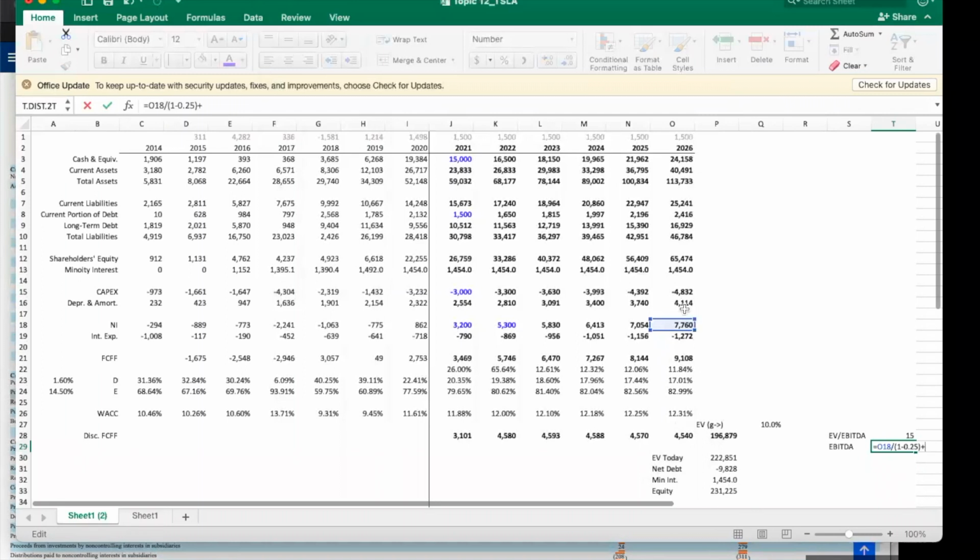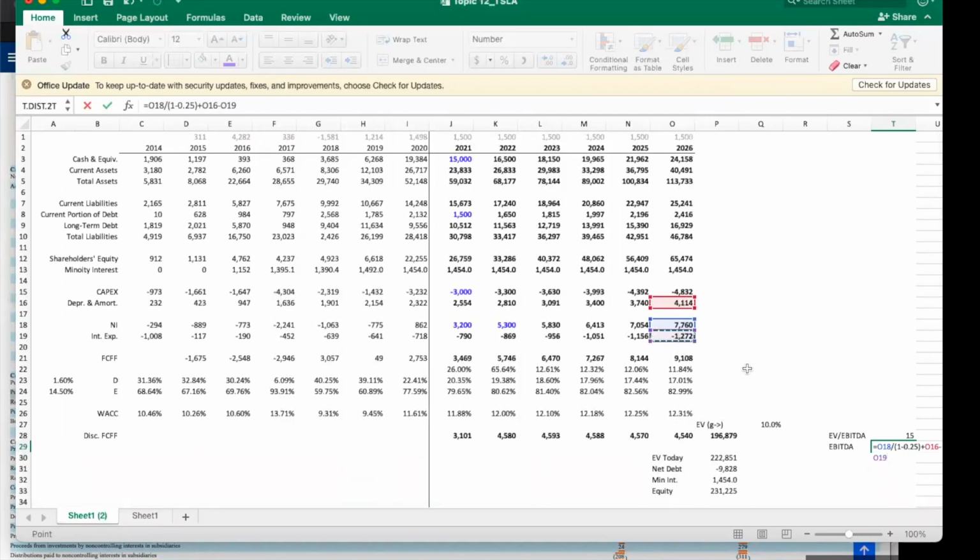Add back in depreciation and amortization. Add back in the interest expense. It's expressed as a negative, so I need to subtract. Whoops, times. So it's a little bit higher of a value.